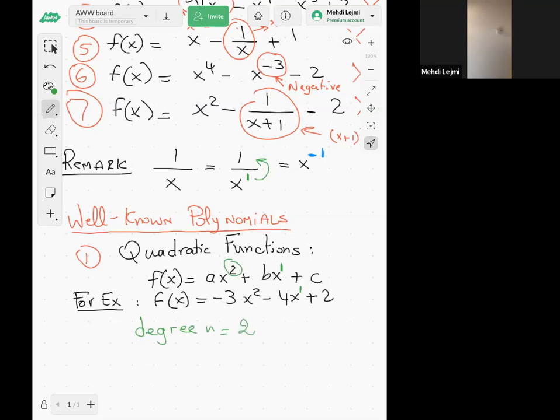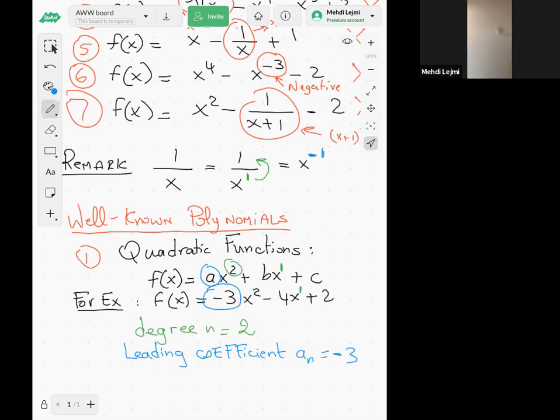And what will be the leading coefficient? The leading coefficient a_n would be this number here, of course, the negative 3. So quadratic functions are polynomials because all the powers of x are just positive whole numbers, 2 and 1.